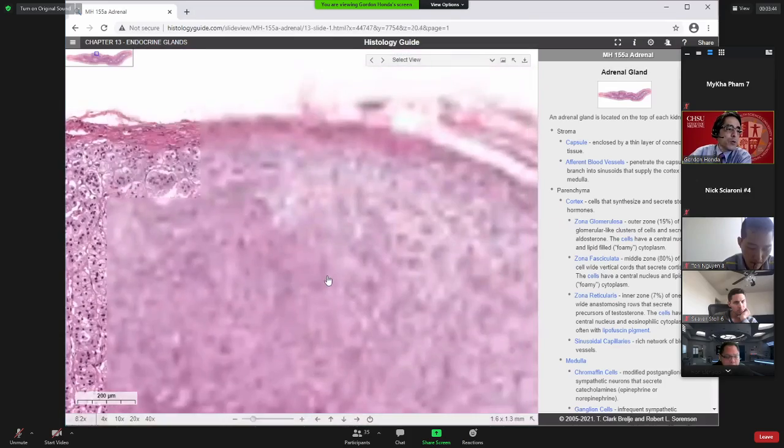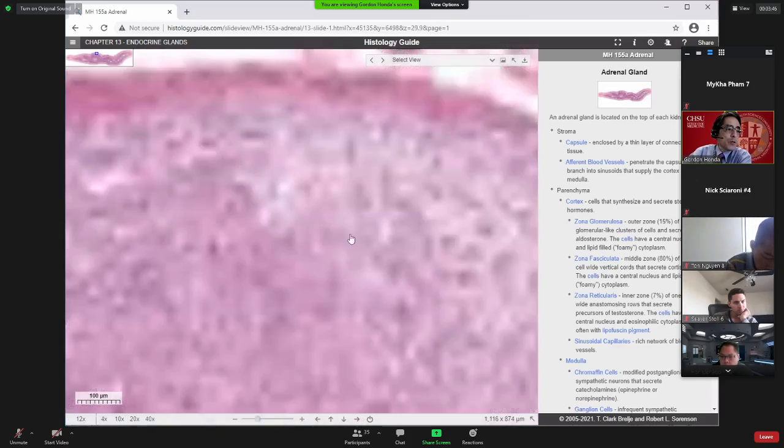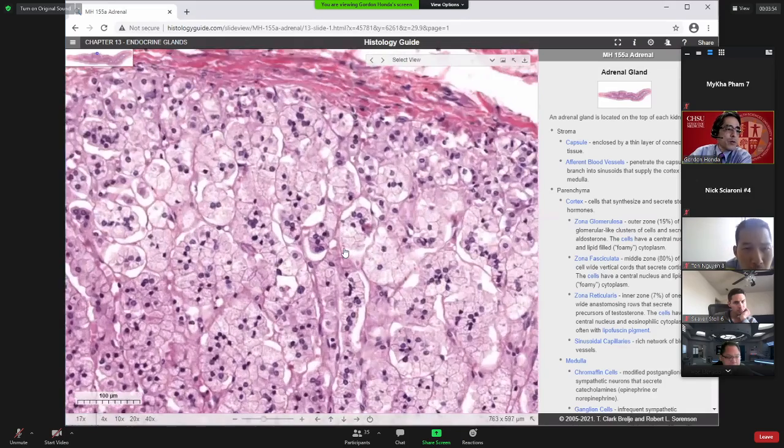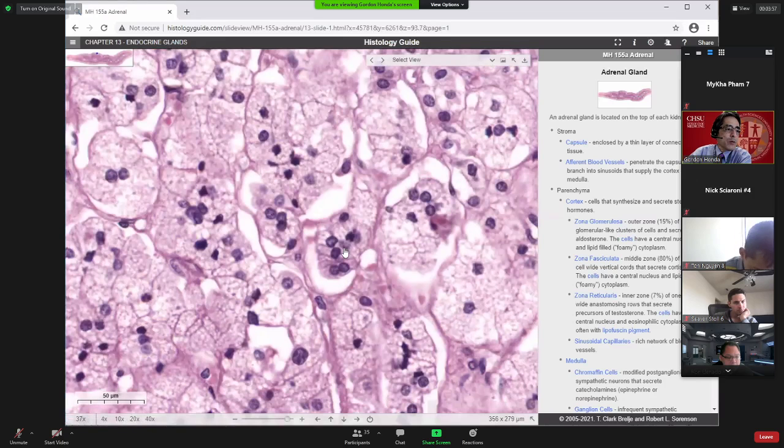Now, if we go up to the most peripheral areas here, we can see these cells tend to form little clusters. They kind of form a ball shape, roughly. And if you go to the highest magnification, we can see the cytoplasm is, the term we use is bubbly. It's vacuolated.